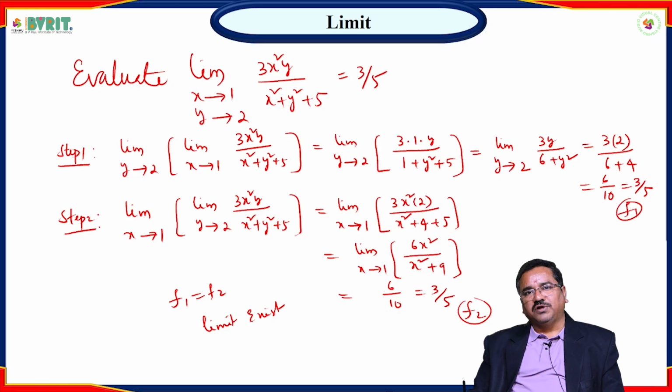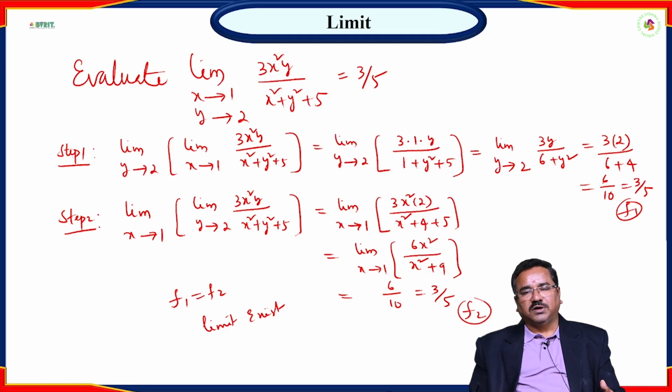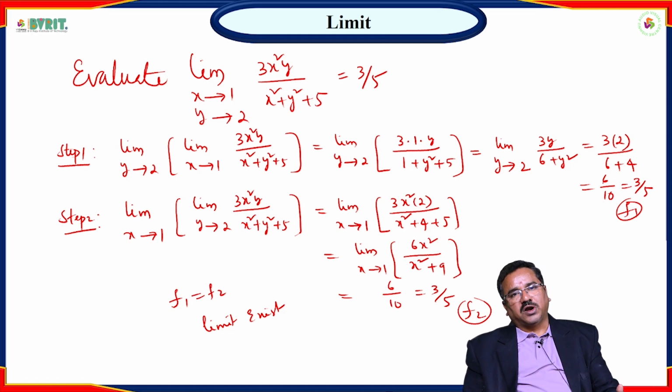If again f1 is equal to f2 is equal to f3, we go to f4. Whenever they are not equal, we say the limit does not exist. If all are equal, we say it exists. We have covered 2 problems about origin: one exists, one does not exist.